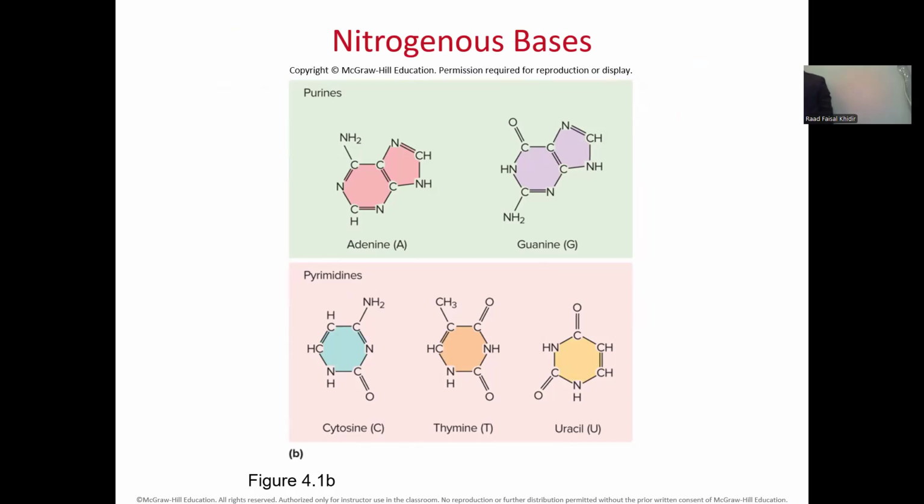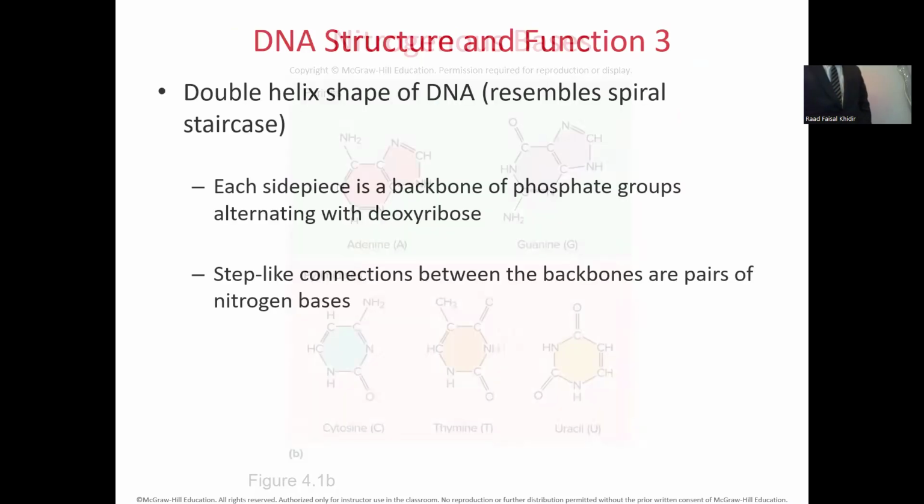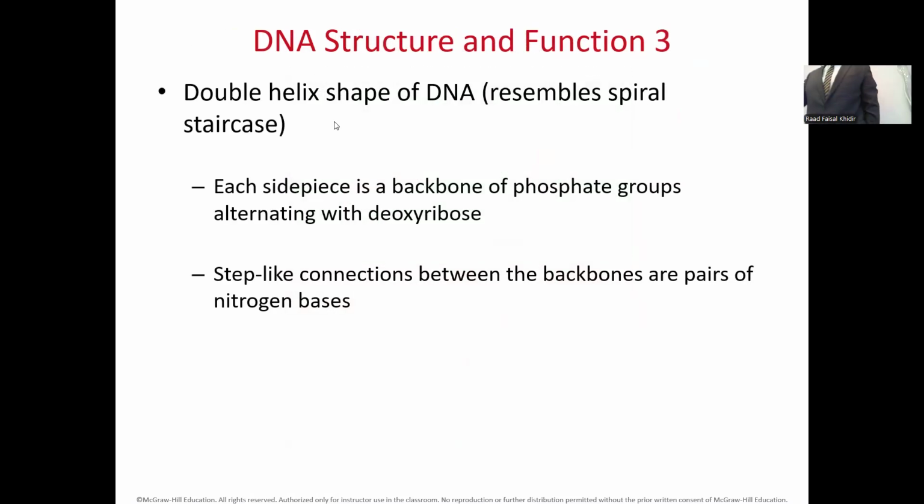Okay? All right. So now, double helix. Remember, you asked the question, Stephanie. Double helix, does it mean that it is a macromolecule or micromolecule? It is a macromolecule that is made up of micromolecules such as nucleotides.